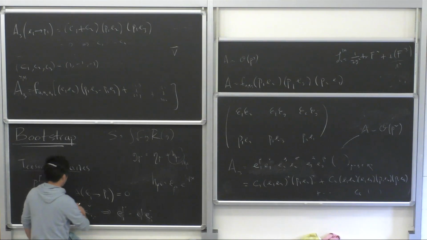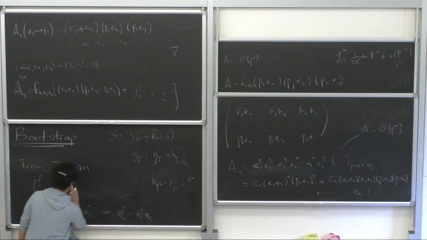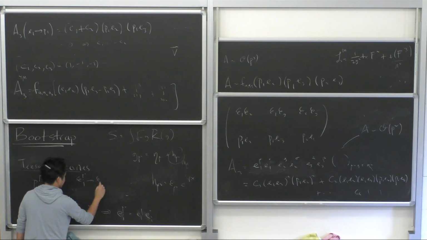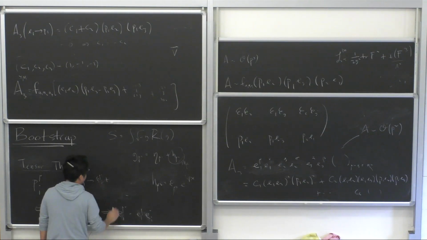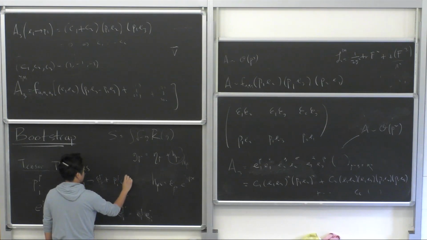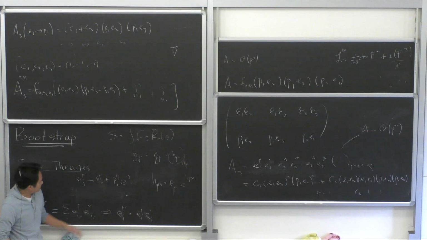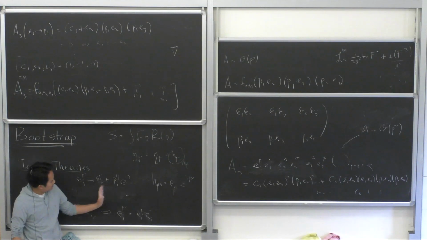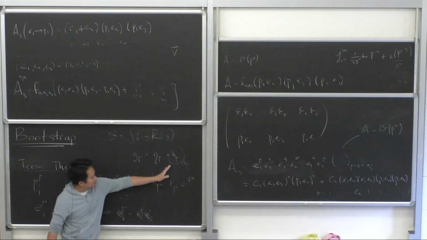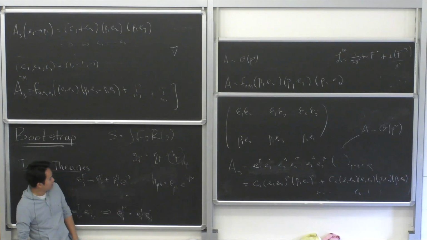In fact, I should have said this before, but the Ward identity for gravity says this. Again, I'm not going to review why, but it's a perfect analog of what happens for Yang-Mills.